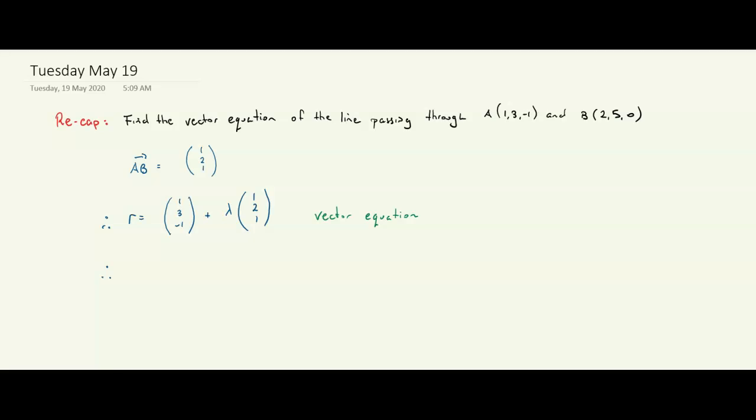Lambda to allow for different lengths. So you can have a scalar here, but this 1, 2, 1 is our direction. And that's taken from our AB vector. So r equals this. Now, in order to unravel the Cartesian equation, we split r into x, y, z.